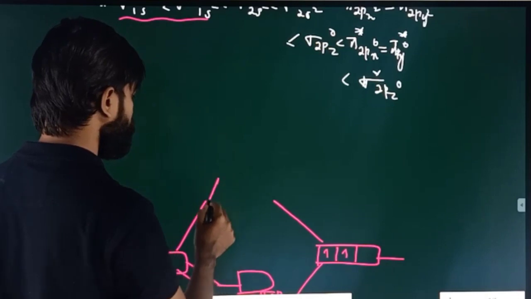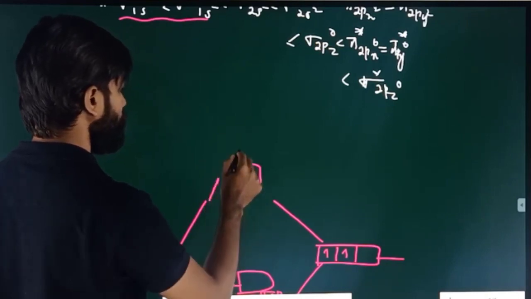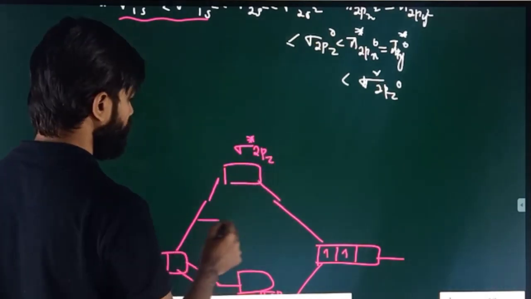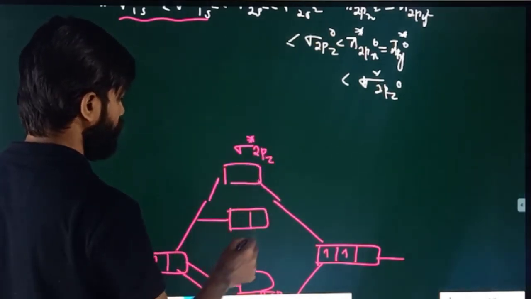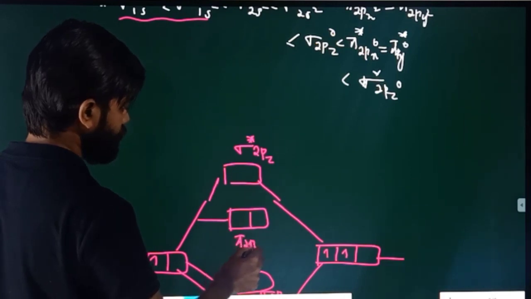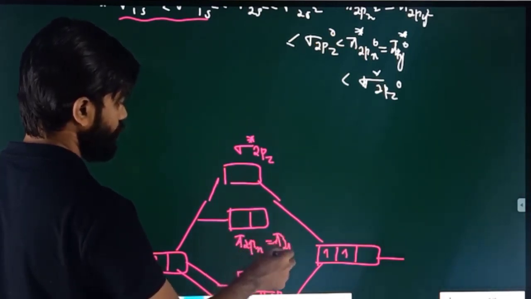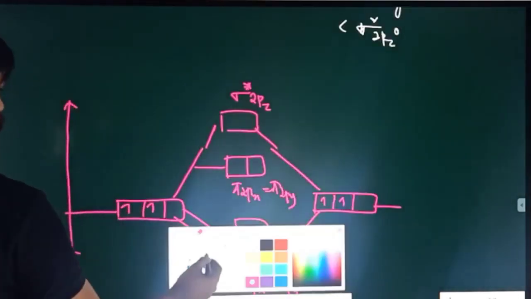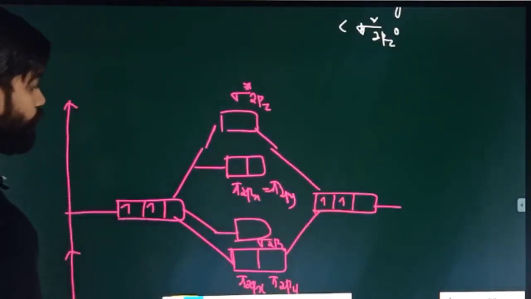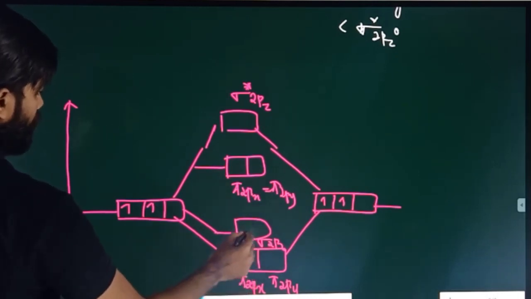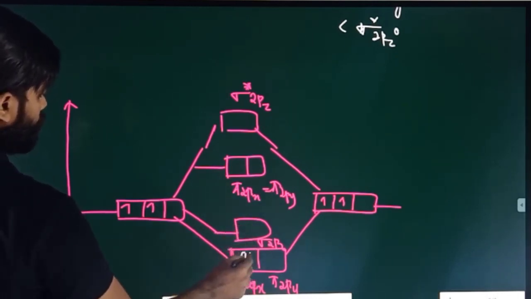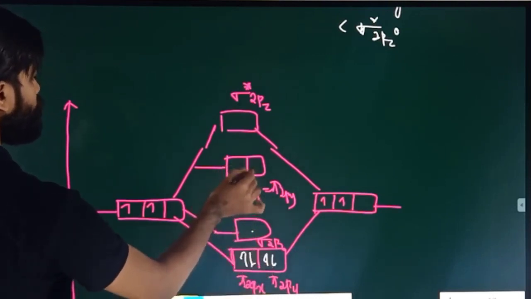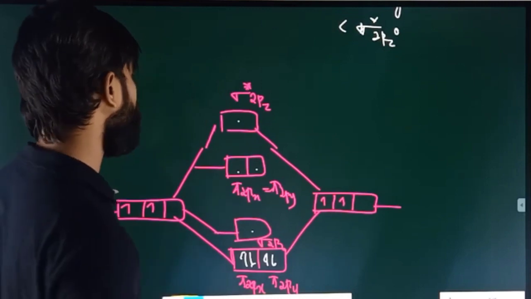So the topmost one is sigma star 2pz, and below that are pi star 2px equal pi star 2py. What about the electron filling? Pi 2px2 and pi 2py2 are filled, and the rest are vacant. So this is how it looks for carbon.